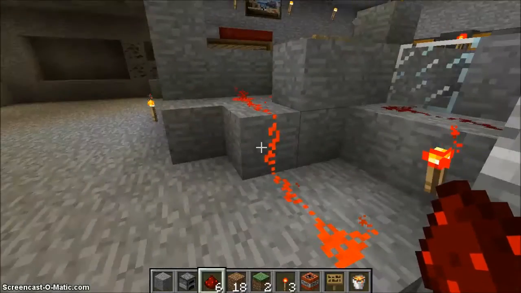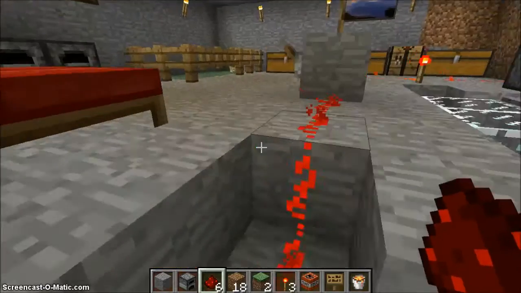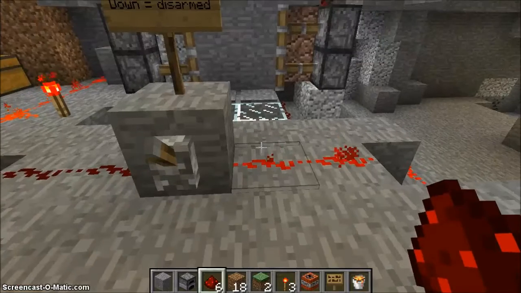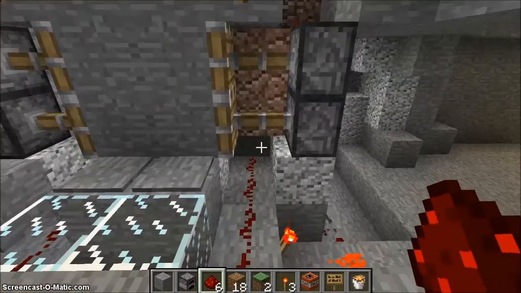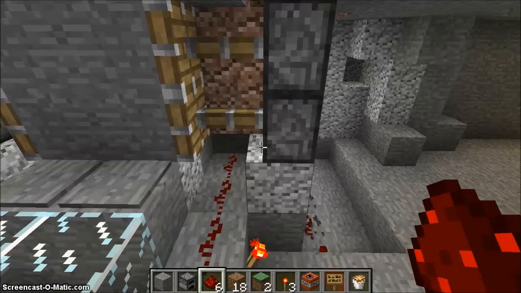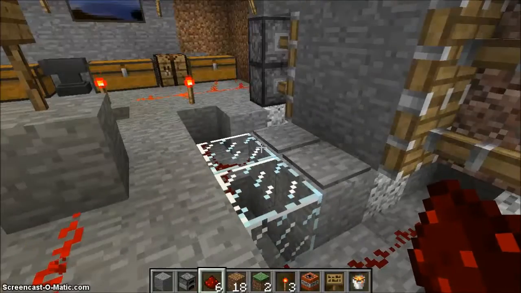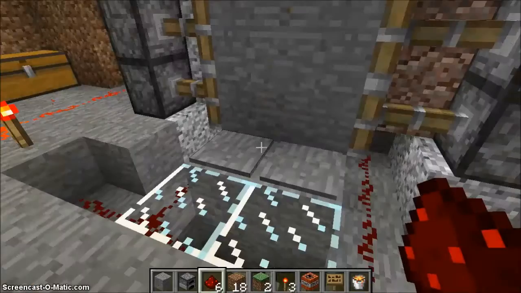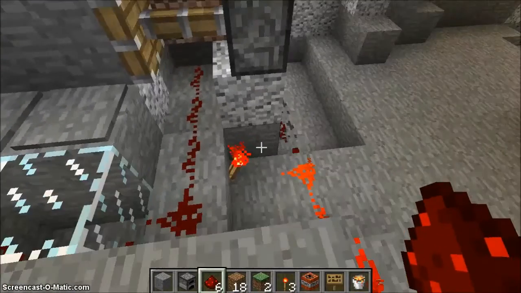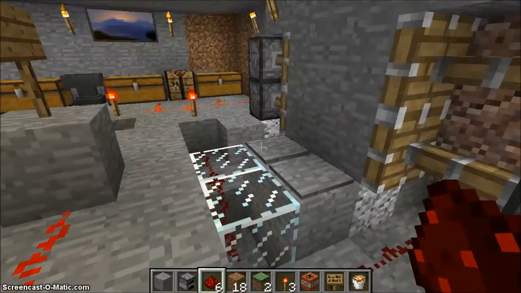So, again, just depending on what I want to have done, that sort of determines the structure and the input and the output of your redstone, and what sort of gates and logic you need to use, and how even in Minecraft, math can really help you out and aid you in construction.